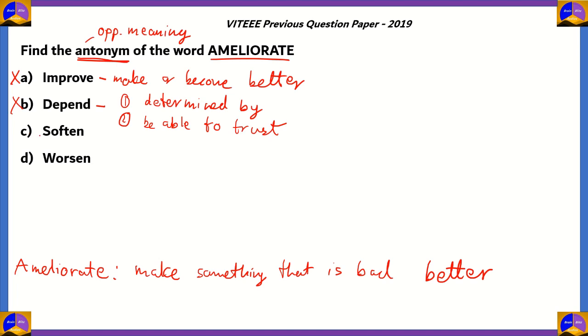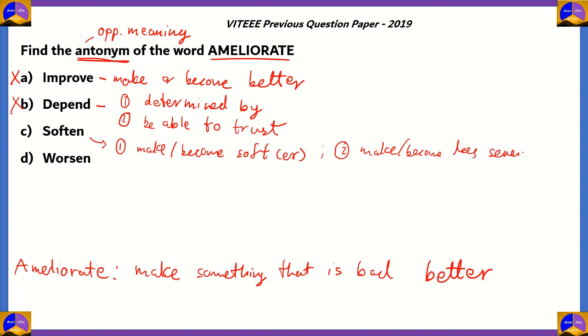Now, what about option C, soften? Well, the word soften again has two definitions. Definition number one is what it means literally, make or become soft or softer. And the second definition is to make or become less severe.